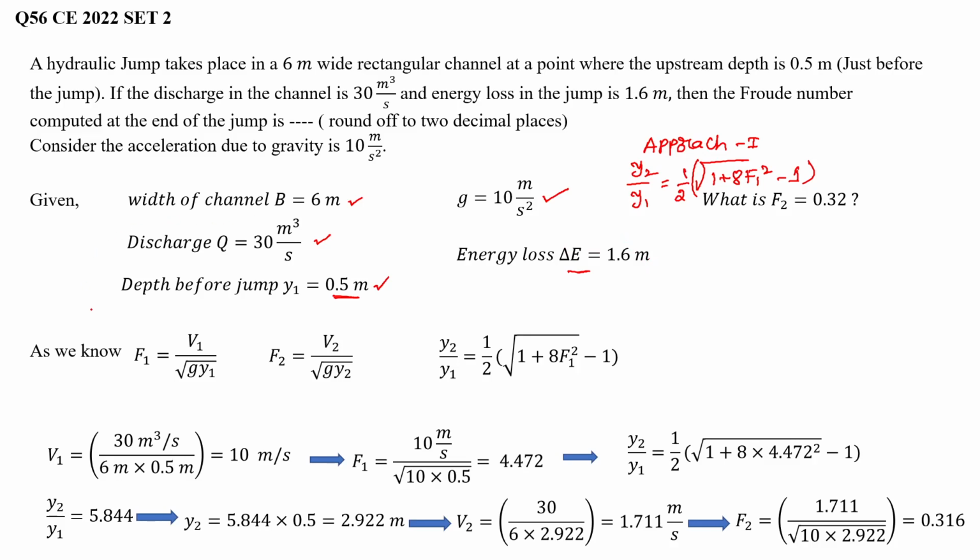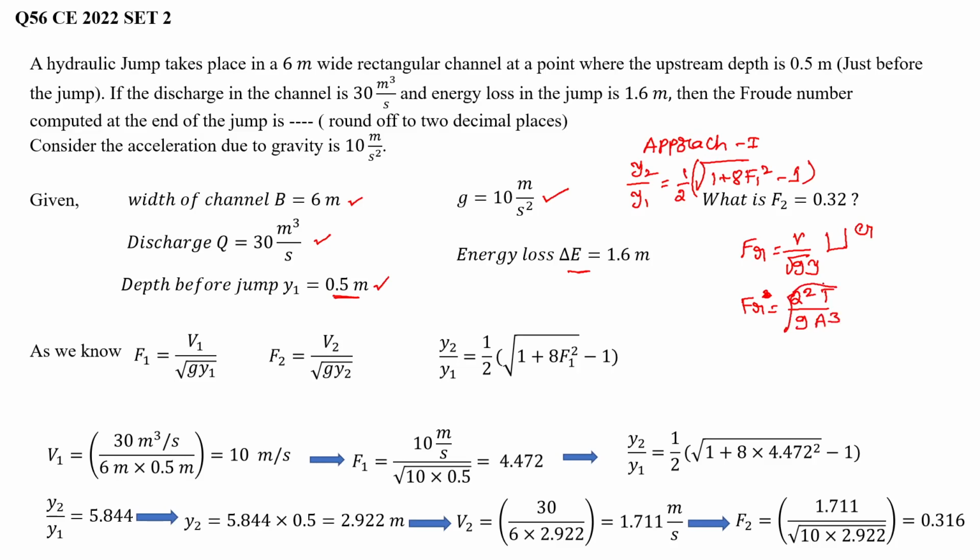So let's see. As we know, what is the Froude number for a rectangular channel? Froude number F1 equal to v1 divided by root over g y1. I have shown in the previous slide, this is exclusively for a rectangular channel. For the general case, it will be Fr equal to square root of Q square T by g A cube.